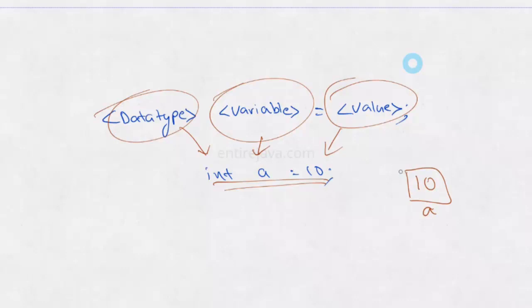So a variable in essence is nothing but this memory location. So down the line, if you do a plus b, the interpreter tries to look at the memory location with an identifier a and get the value inside it and replace this letter a with 10. So behind the scenes it does 10 plus, let's say, 20.